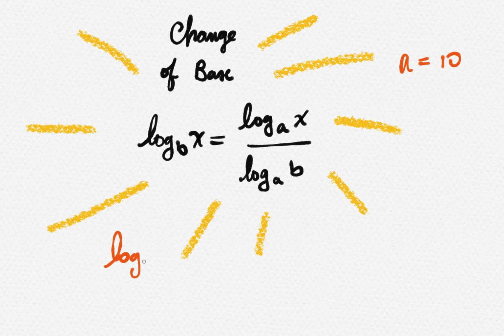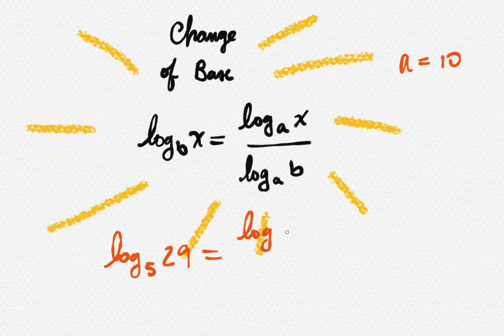So for example, say we have the log base 5 of 29. You might notice that 5 is neither 10 nor e, so let's convert this into a logarithm that we do like. So let's use the base 10 log. So that means we let a equal 10 over here, x is 29, b is 5.